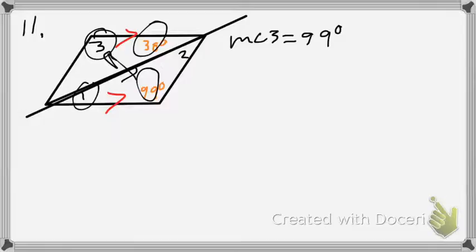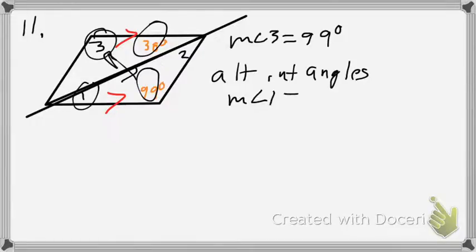That means that that 38 degree angle and angle number 1 are alternate interior angles. We go all the way back, I think that was chapter 2 or 3. When two parallel lines are crossed by a transversal, alternate interior angles are congruent. So the measure of angle 1 equals 38.